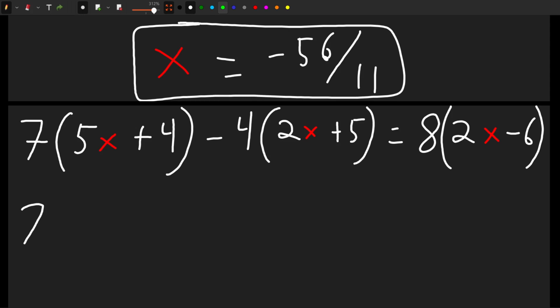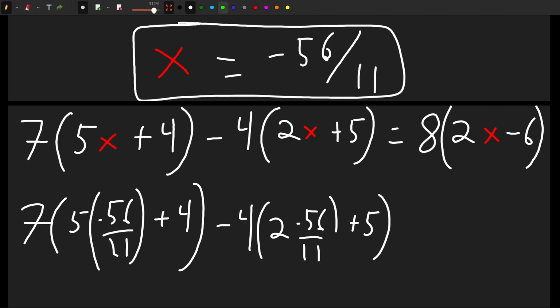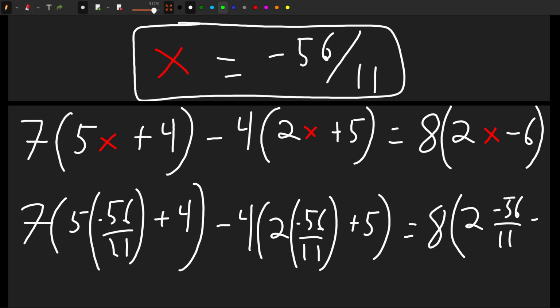And so on the left-hand side, I'm going to get 7 times (5 times negative 56 over 11 plus 4) minus 4 times (2 times negative 56 over 11 plus 5) is now going to be equal to 8 times (2 times negative 56 over 11 minus 6). Just barely fit. Okay.